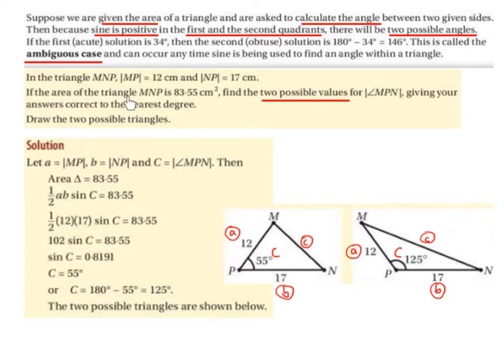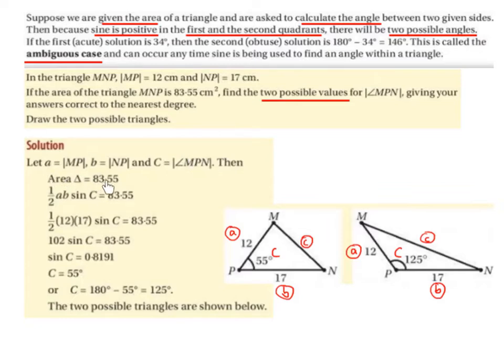If the area of the triangle MNP is 83.55 centimeters squared, find the 2 possible values for the angle MPN, giving your answers correct to the nearest degree, and then draw the 2 possible triangles. So we're going to draw out a triangle and another triangle, one with an acute angle, one with an obtuse angle. We let a equal MP, we let b equal NP, and C equal the angle MPN.